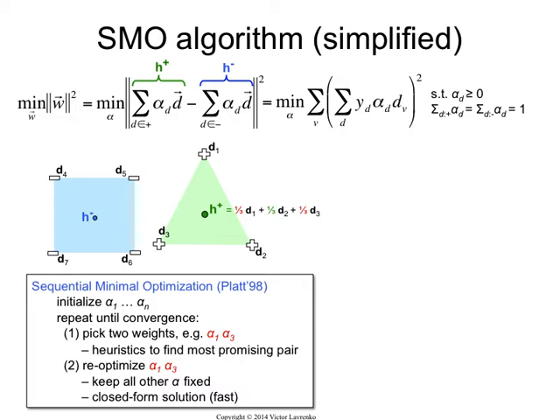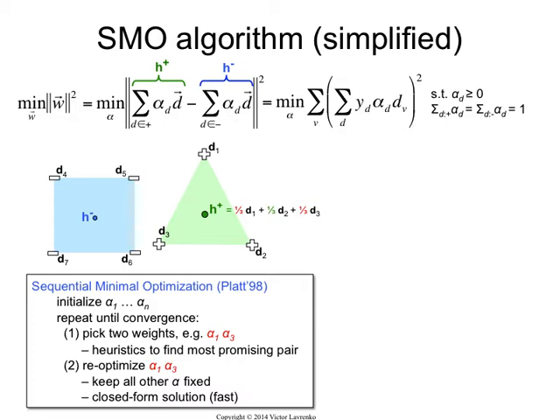Now, what the algorithm does then is it does 2 steps. It picks 2 weights, 2 alphas, according to some heuristics, and we're not going to talk about the heuristics, but the goal of the heuristics is to come up with the most promising pairs to optimize. So suppose I take alpha 1, which is 1/3, the weight on D1, and alpha 3, the weight on D3.